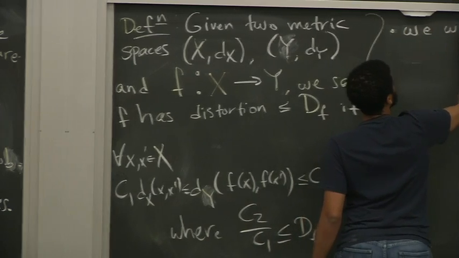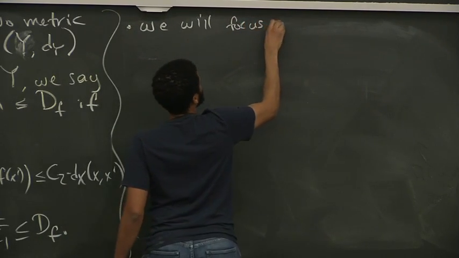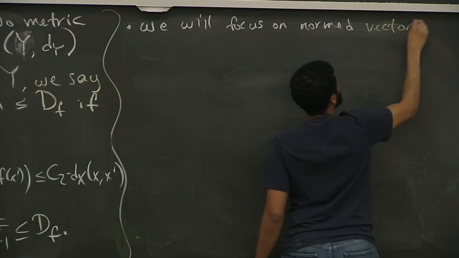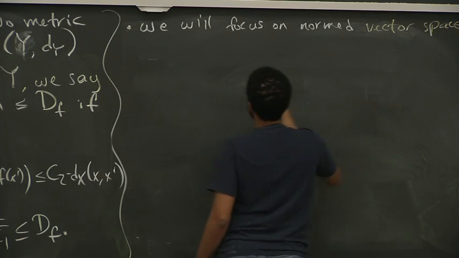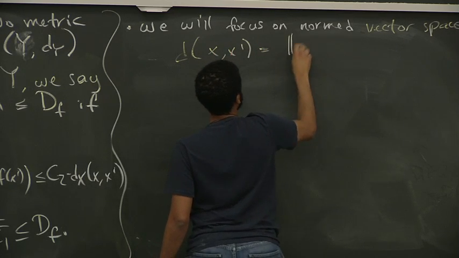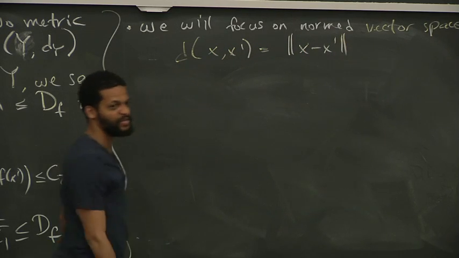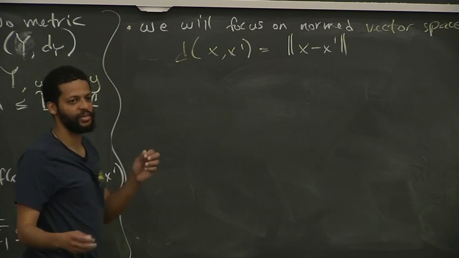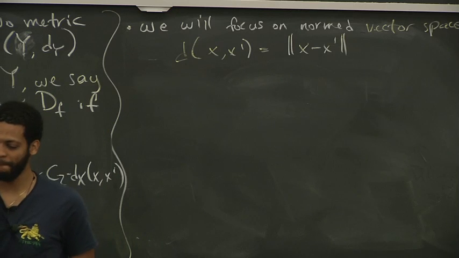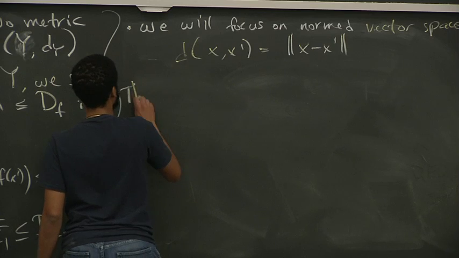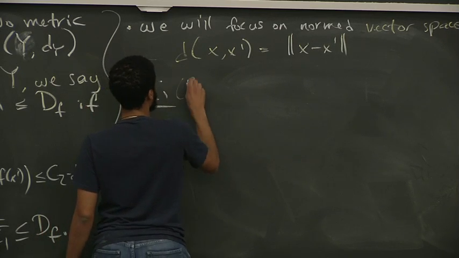What I mean by that is the distance between x and x prime is just, for some norm, the norm of x minus x prime. And we want to have really good dimensionality reduction. So let me just claim it now. There's a theorem. This is due to Johnson-Lindenstrauss.